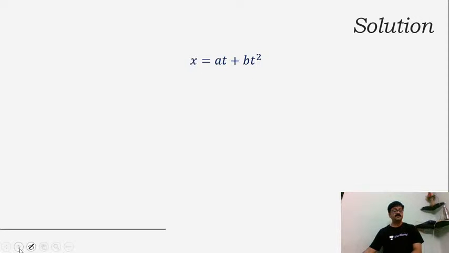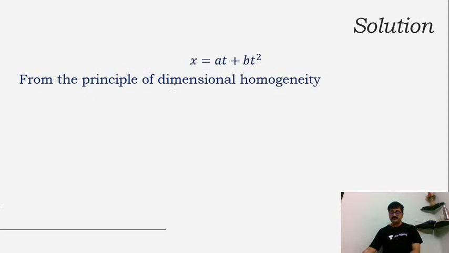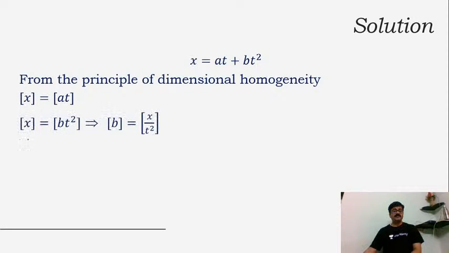Now I'll adopt principle of homogeneity. That means dimensions on left hand side must be same as dimensions on right hand side. So accordingly, from principle of dimensional homogeneity, I can see that x is equal to at, and dimension of x is also equal to dimension of bt².